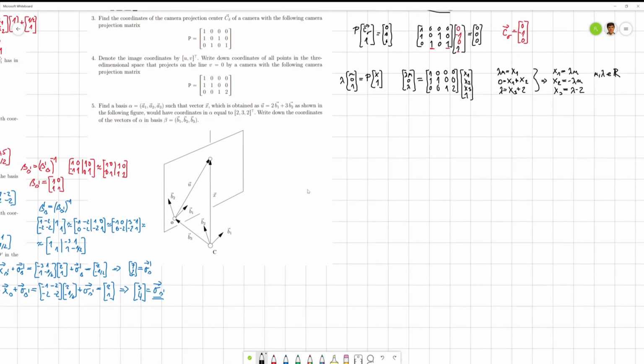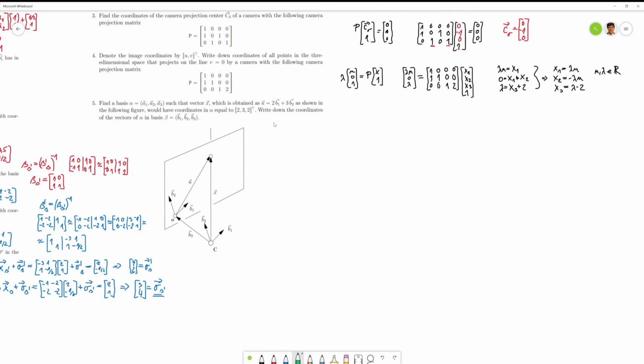In the last example, we have a vector u in beta, and we want to express the transformation of alpha to beta. This vector u in beta has coordinates 2, 3, and 0.